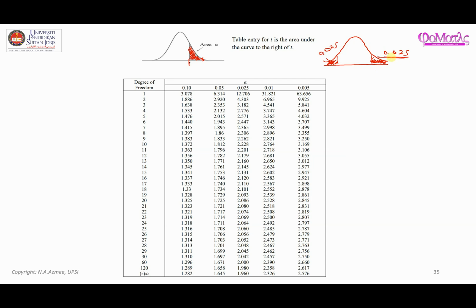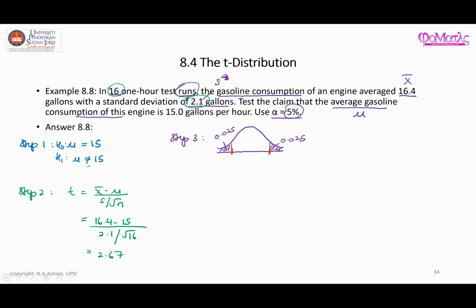Go to alpha, which represents the area 0.025. The degrees of freedom is n minus 1, which is 16 minus 1, which is 15. Therefore the critical value is 2.131, and because they are symmetric, the other critical value is negative 2.131. So the critical value is plus minus 2.131.